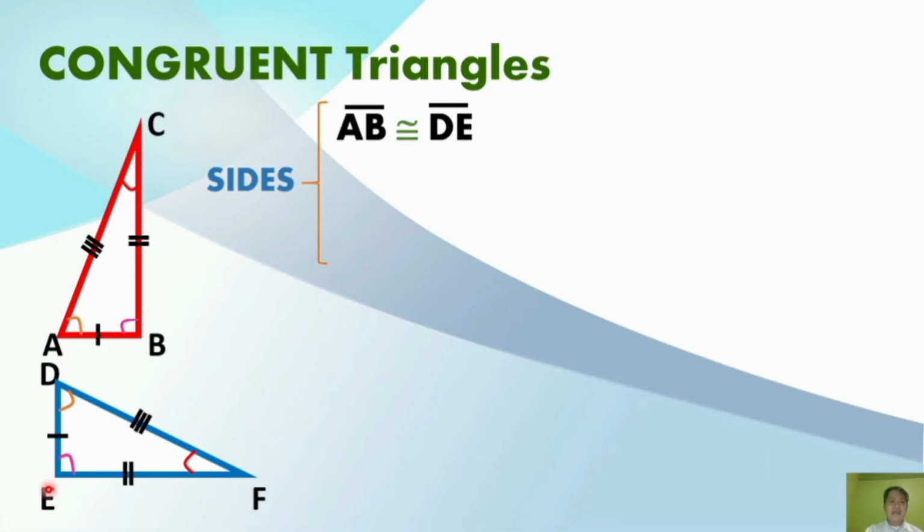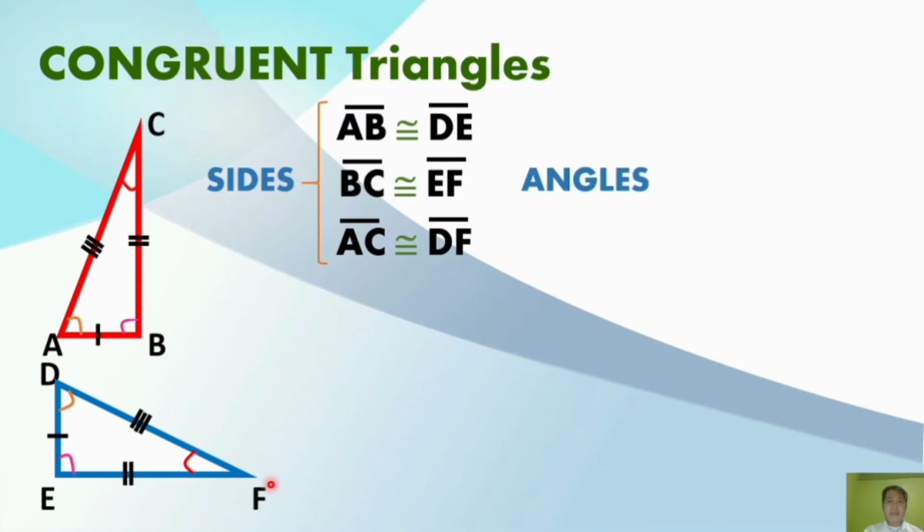In the same manner, side BC corresponds to side EF, or side BC is congruent to side EF. And lastly, side AC corresponds to side DF, or side AC is congruent to side DF.